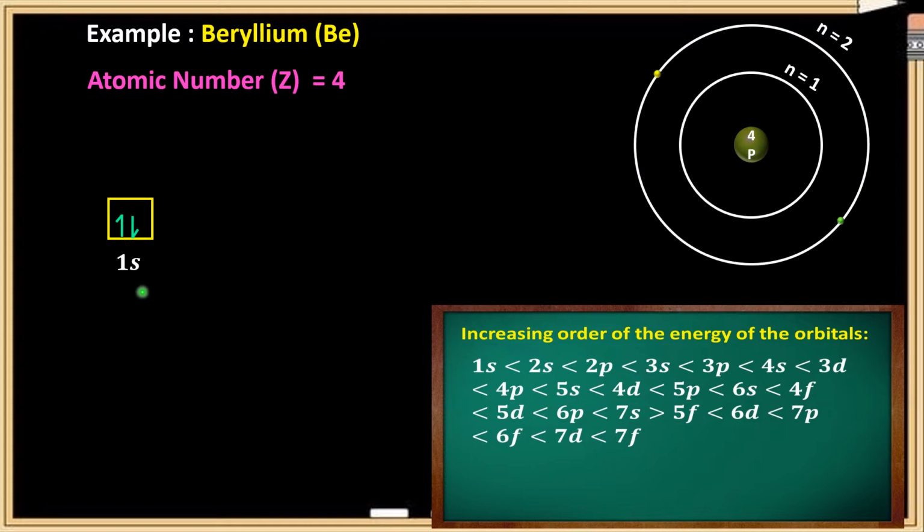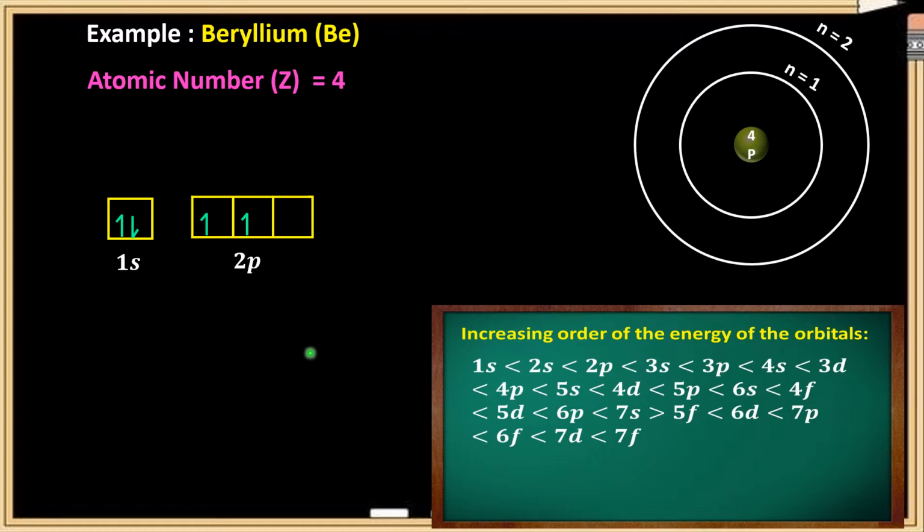So after filling the 1s orbital, electrons should enter into 2s, but here I am entering into 2p orbital. You see here. So the third electron enters into one of the empty orbitals of 2p here. I am placing the fourth electron here.